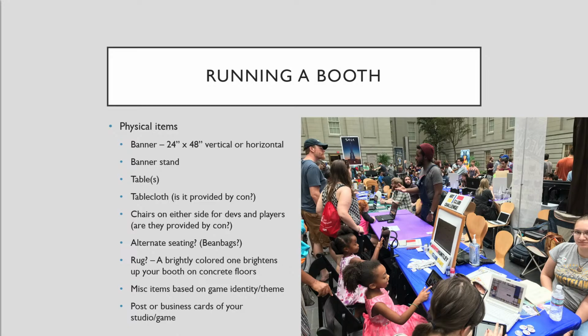Stand for said banner. Always check with the event or venue if they're going to have tables. Never assume. Always check. They usually do, but always check. Ask if there's going to be a tablecloth. If there is not, go to a party store and get a cheap plastic tablecloth.